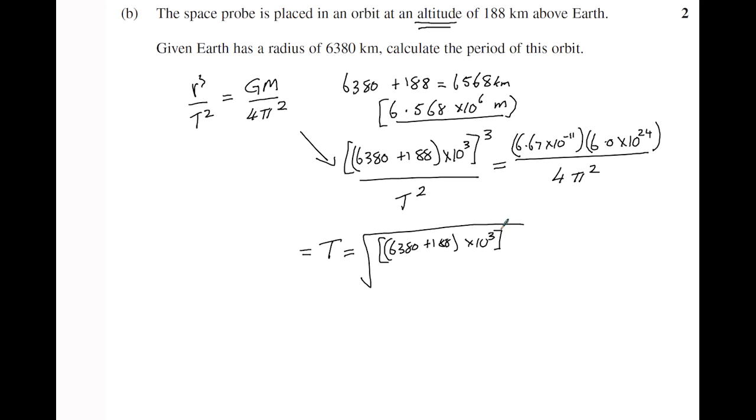That, of course, is cubed, and that is multiplied by 4 pi squared up top, and then on the bottom we have 6.67 by 10 to the power of negative 11 times 6.0 by 10 to the power of 24, and that, of course, equals 5,286 seconds.